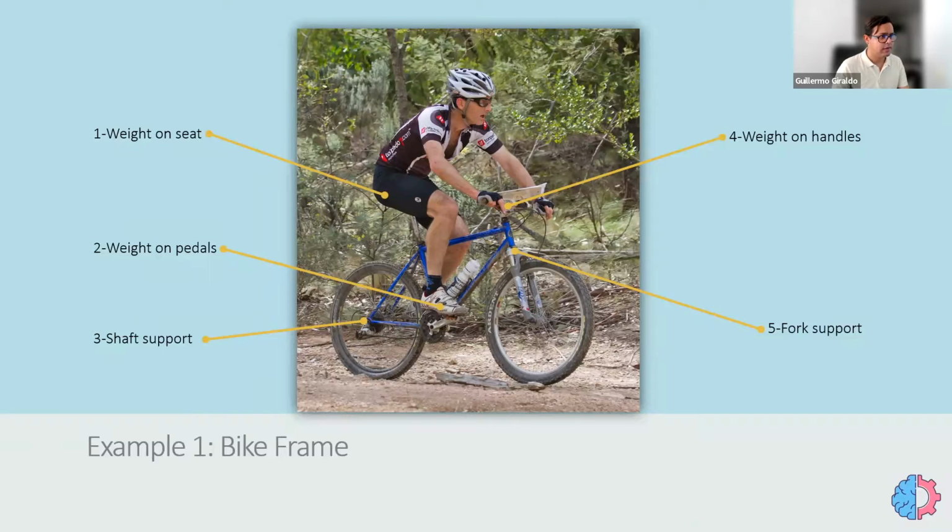If we look at only the frame, we can see all the connecting points. The first thing that we can see is the support points. The first support point is here on the rear wheel, where there is a shaft support. So the back end of the frame is supported here.